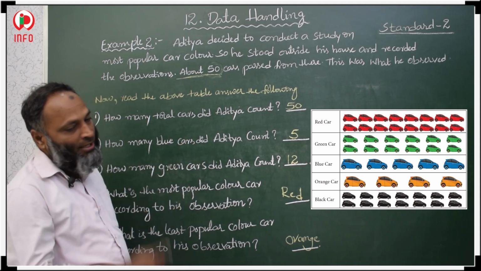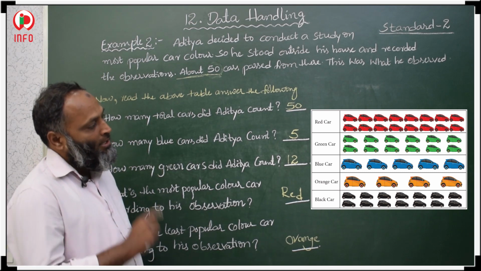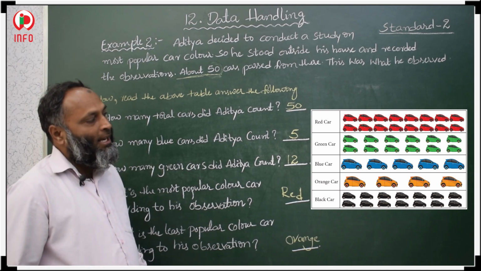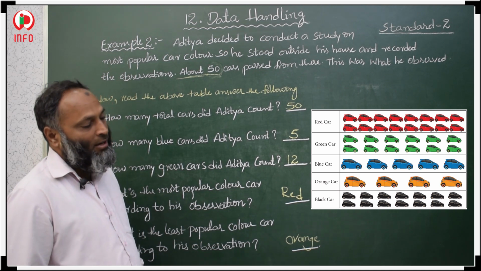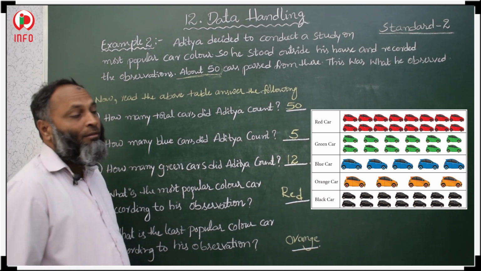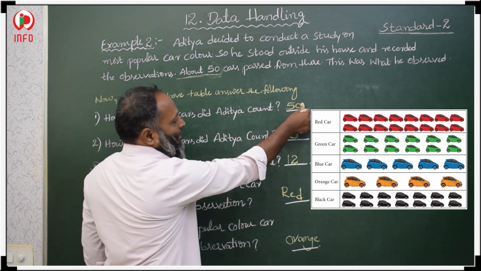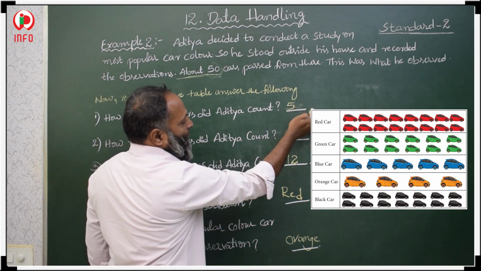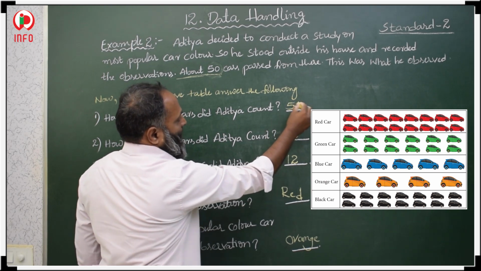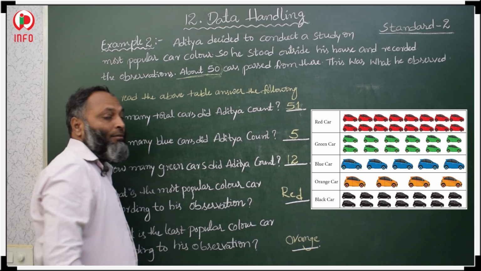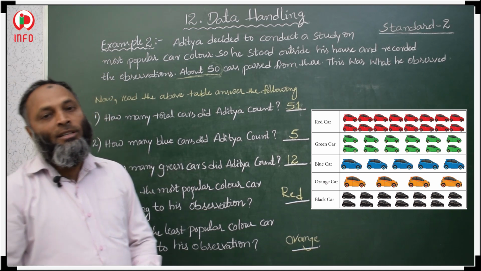If we count the red color, green color, blue color, orange color and black color cars, we will get a total of 51 cars. So how many cars did he count? 51 is the answer. Total 51 cars he counted. Okay students.